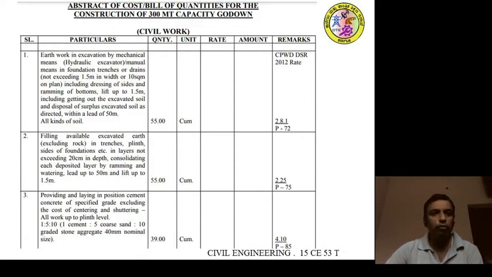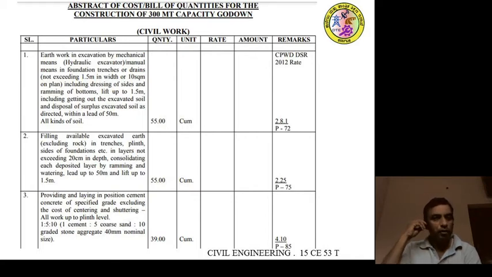It has 6 tabular columns. The first column is the serial number. The second column is the particulars or description of the work. The third column shows the total quantity of each item. The next column shows the unit of each item, and the next columns will be rate, amount, and finally the remarks.